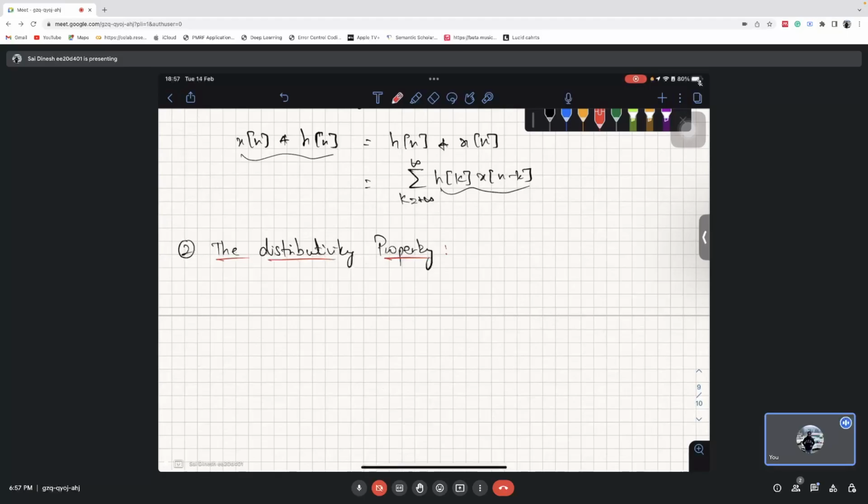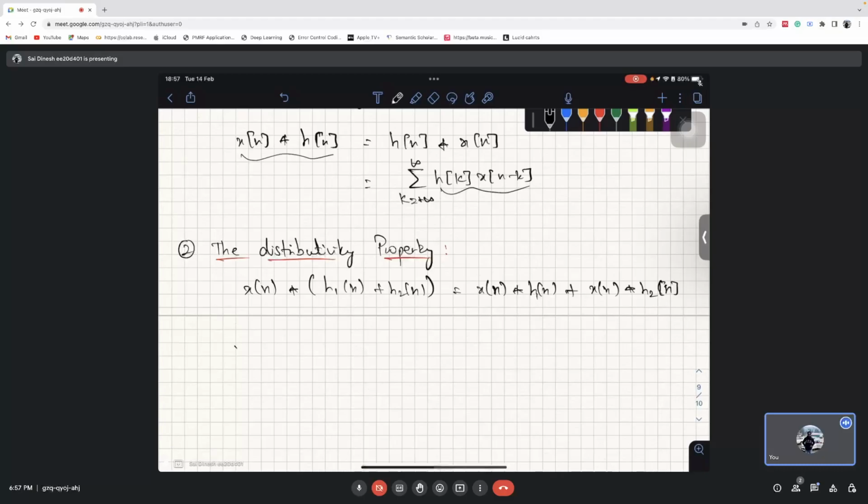This is another basic property of convolution, where if we have a convolution of x of n with h1 of n plus h2 of n, this is equal to the convolution of x of n with h1 of n plus the convolution of x of n with h2 of n.